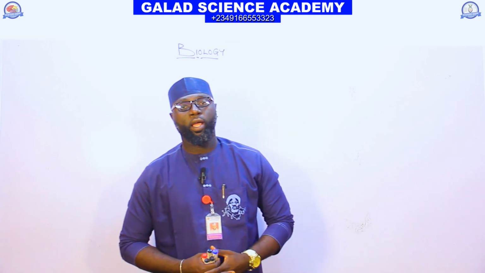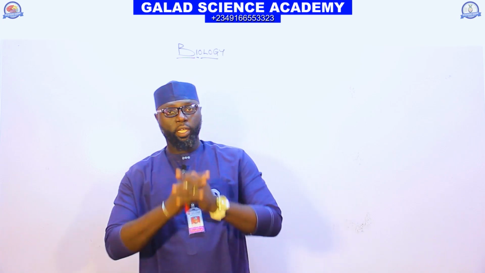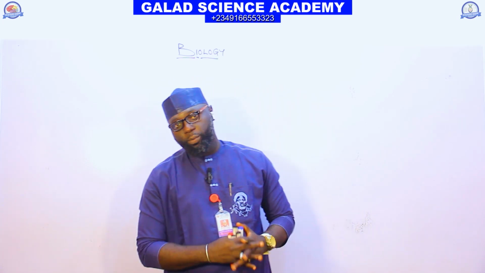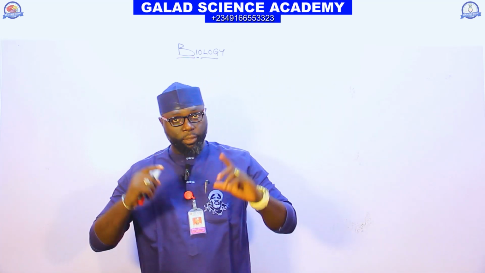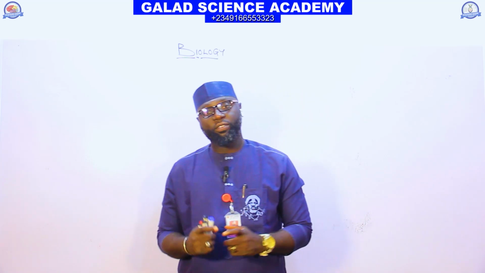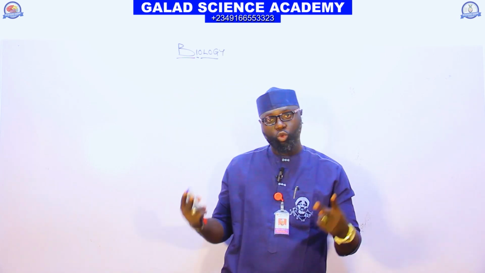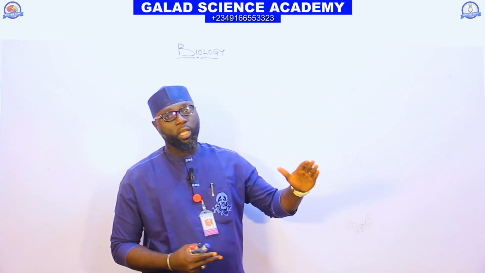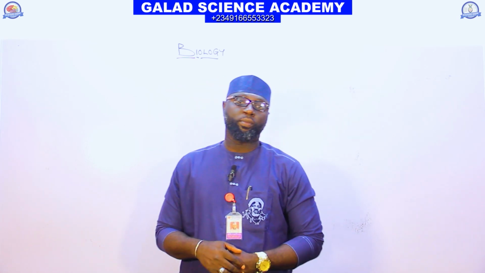Good day, viewer. I'm here to continue the kingdom Protista where I stopped in my previous class. I said the Protista are the first existing living organisms on Earth, and they can be grouped into two: Protophyta and Protozoa.